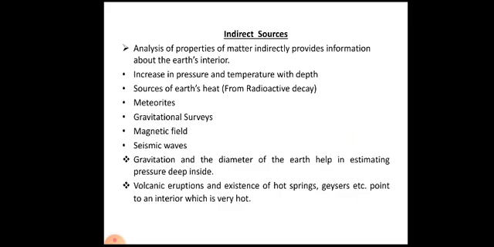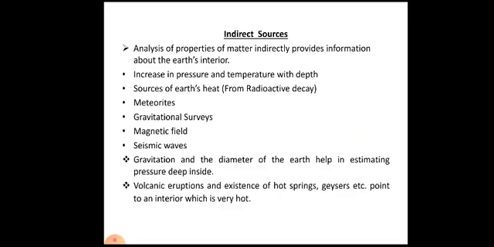So far as increase in pressure and temperature with depth is concerned, scientists have used the parameters of gravitation and diameter of the earth in order to estimate the pressure conditions inside the earth. So many calculations have been made using the gravitation and diameter of the earth in order to deduce the pressure conditions at various depths of the earth.